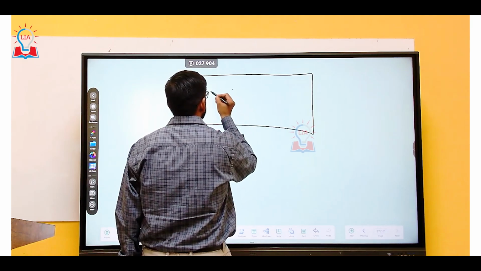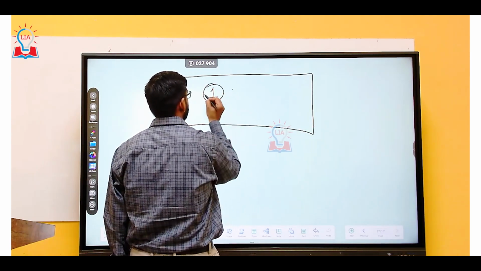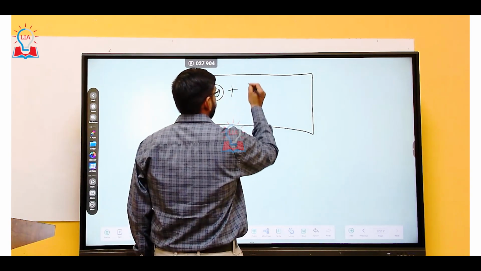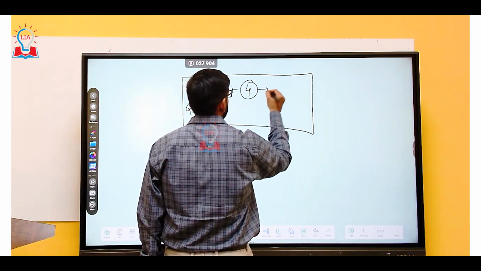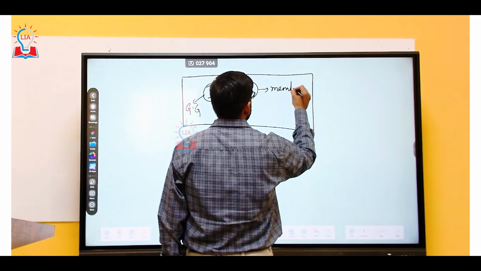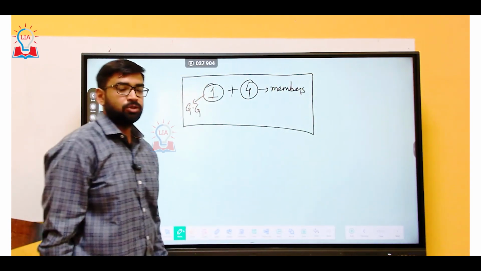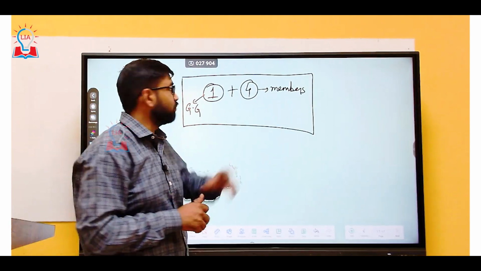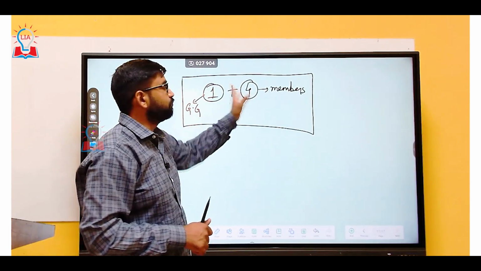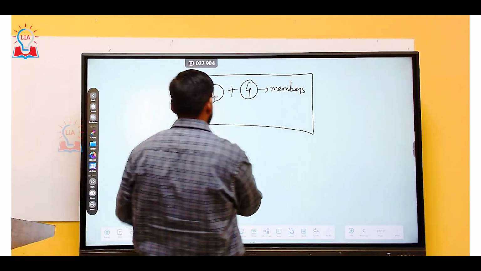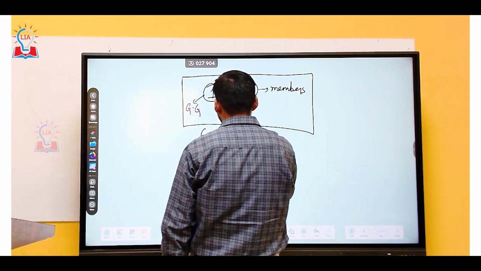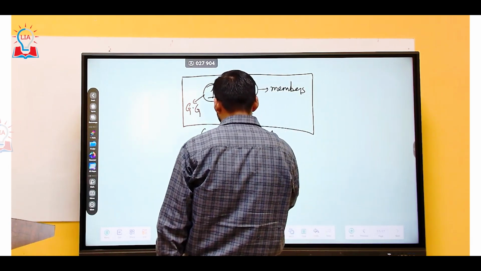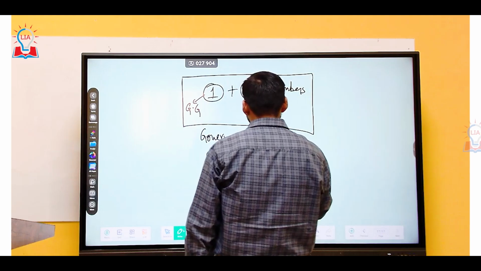One, this one represents the Governor General, plus 4 other members in his council. So overall total 5. In the Governor General Council, 5 members were there: 1 Governor General himself and 4 other members. So this is called the Governor General Executive Council.